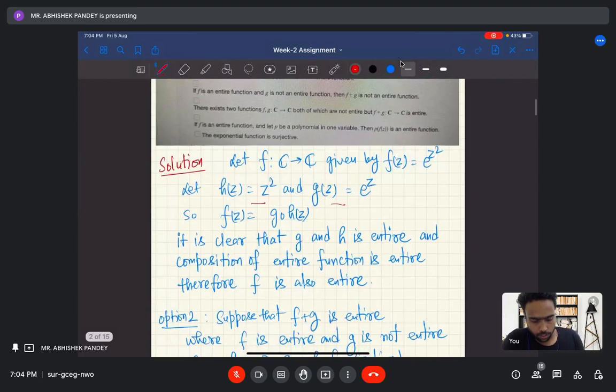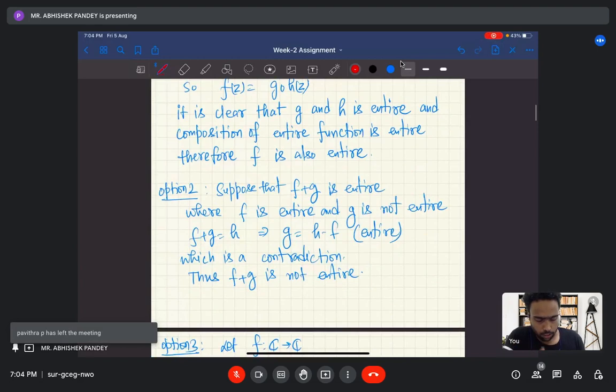The second option is: if f is an entire function and g is not an entire function, then f + g is not an entire function. Suppose that f + g is also an entire function, where f is entire and g is not entire. Consider f + g = h.